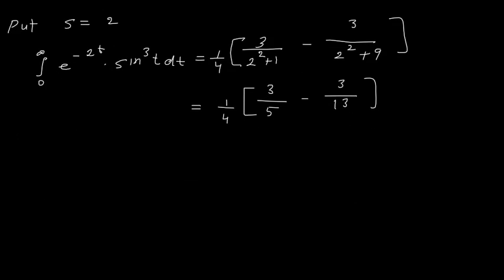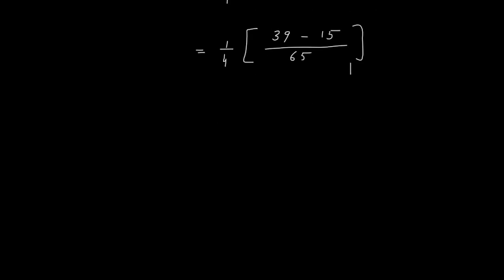So here finally we have this is equal to 1 upon 4 into (13 times 3, which is 39, minus 5 times 3, which is 15) whole divided by 13 times 5, which is 65. So 1 upon 4, (39 minus 15) upon 65.